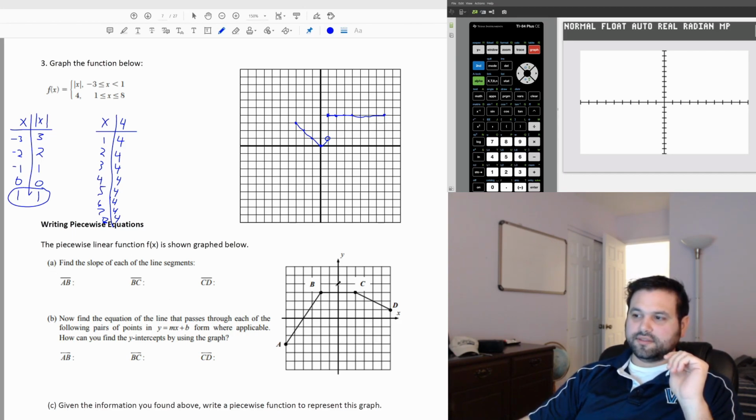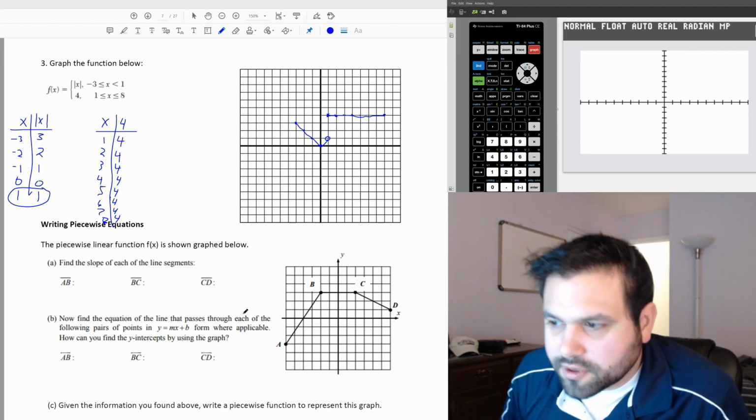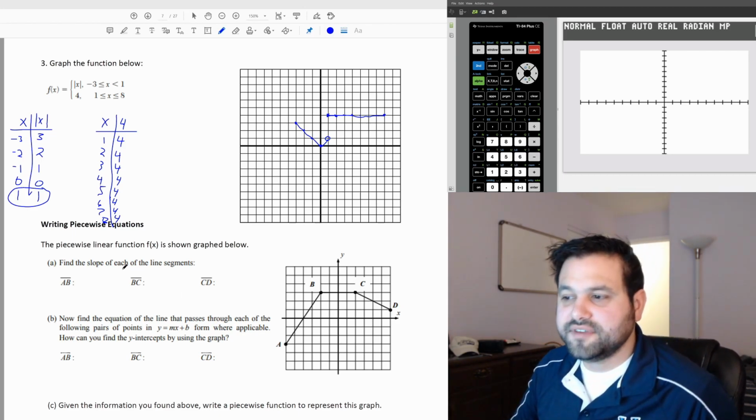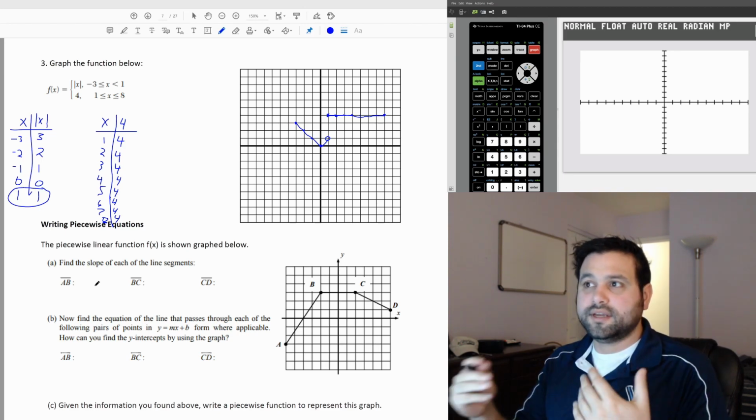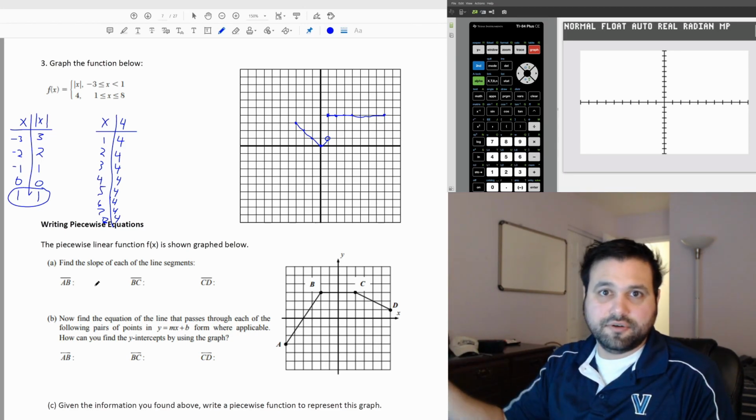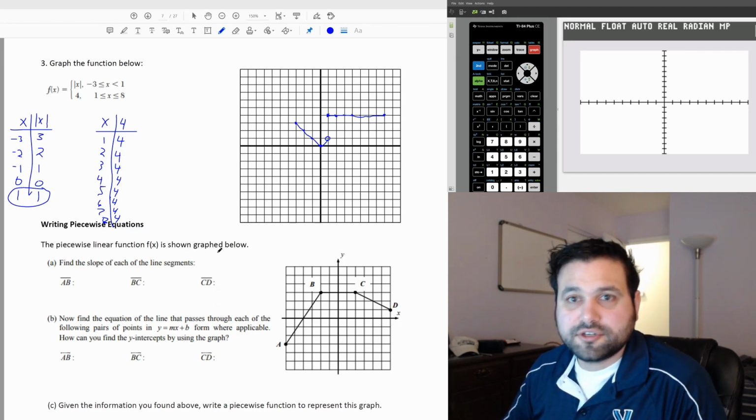It has broken this piecewise function up, which, by the way, increases from A to B, stays constant from B to C, it's just a flat line, and then from C to D, it starts to decrease a little bit. So what we're going to do is calculate the slope of each of the lines, right? So we can do change in y over change in x. We can look graphically at the rise over run, whatever's more convenient.